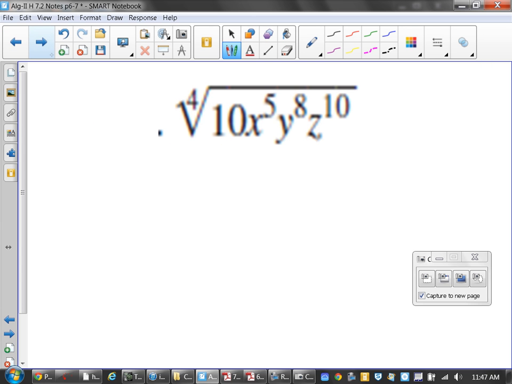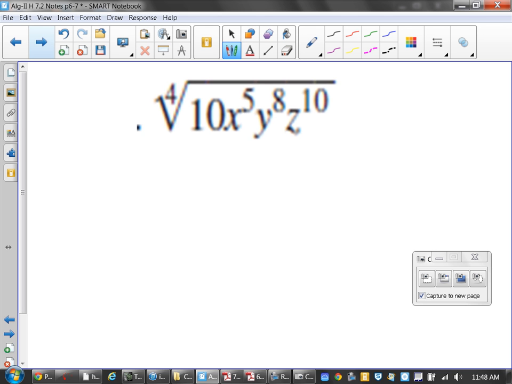Now in here, I'm going to show you real fast why that shortcut worked that we did the other day. Does everybody agree that I can rewrite all of this as 10 to the 4th, x to the 5th to the 4th, y to the 8th to the 4th, z to the 10th to the 4th? Everybody okay with that?